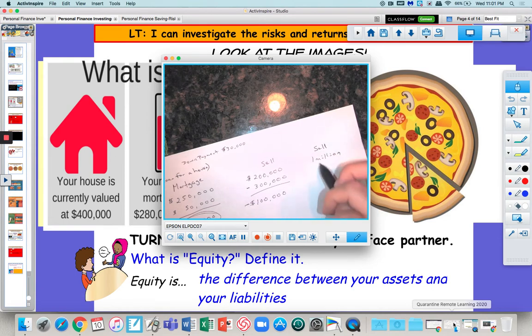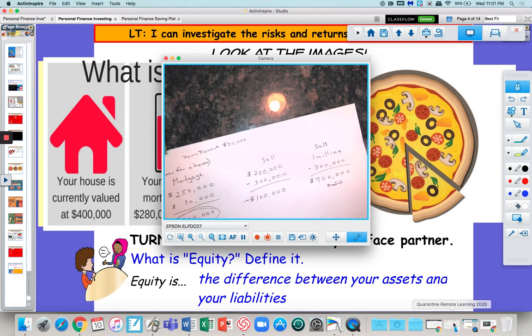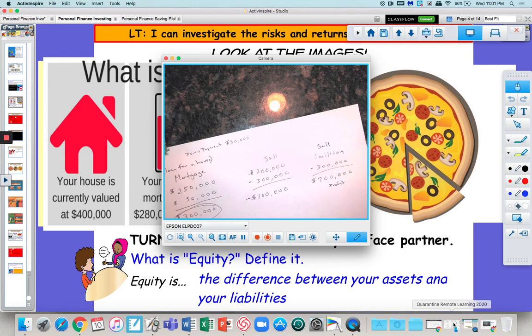Now, if your parents sell for $1 million and somebody buys it, you still got to subtract the $300,000, but still, in this case, your parents would have made $700,000 in profit. So, property can be very good, but it's only good if you're able to sell it for a higher rate than what you bought it for and paid for over time.